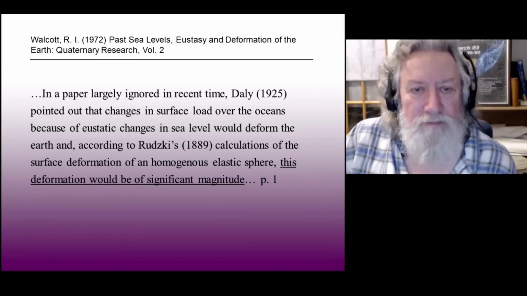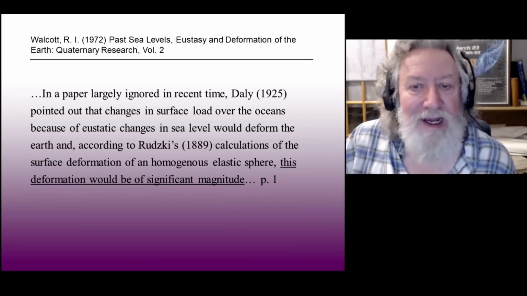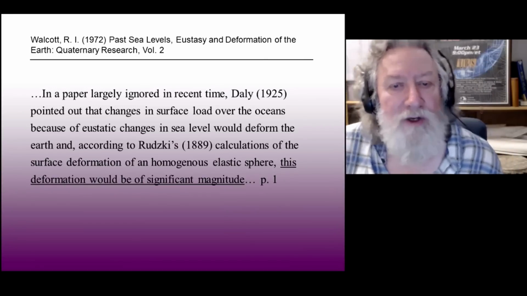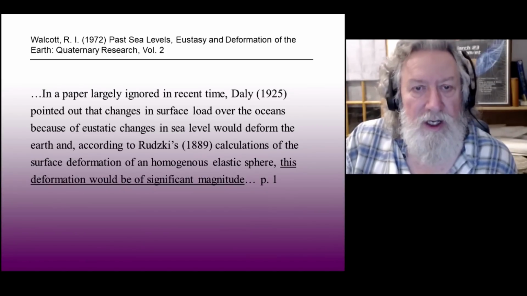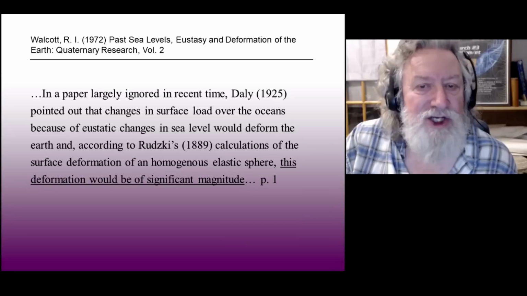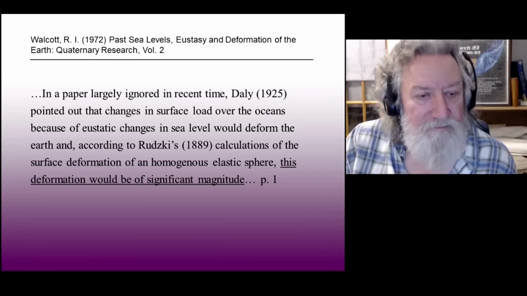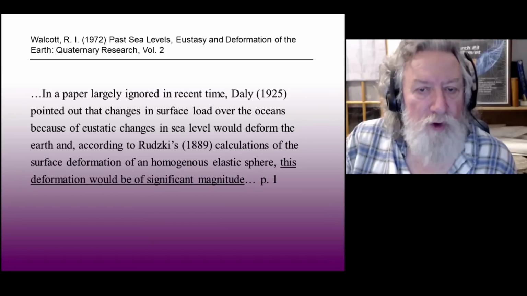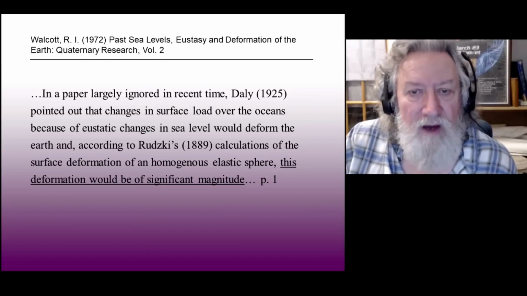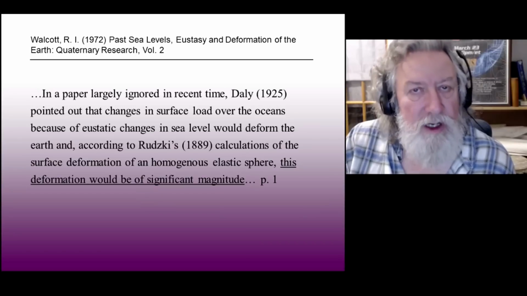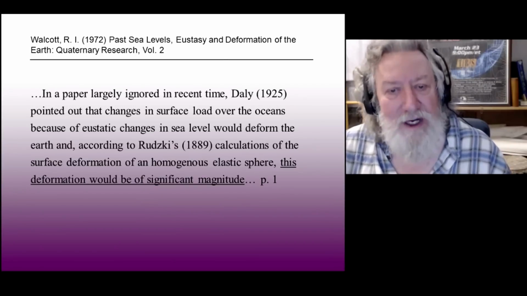So, in a paper largely ignored in recent times, Daly in 1925 pointed out that changes in surface load over the oceans because of eustatic changes in sea level would deform the Earth, according to Rudzki's 1889 calculations of the surface deformation of a homogeneous elastic sphere.